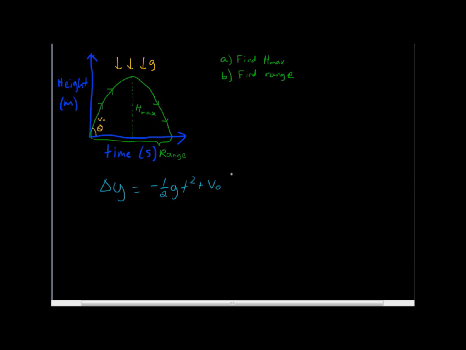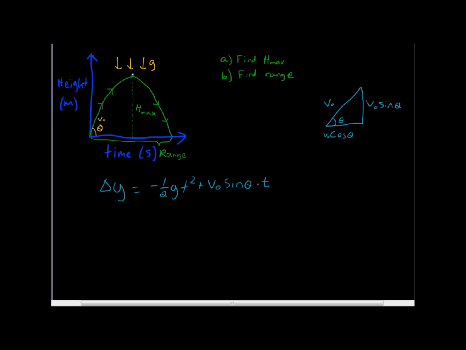Now remember, it's not just v0 here because we only care about the y component. So it's v0 sine theta times t. And again, if you're unsure where the sine theta comes from, go back to trigonometry: if this is our v0 and this is theta, then this here is v0 cosine theta, and this is v0 sine theta.